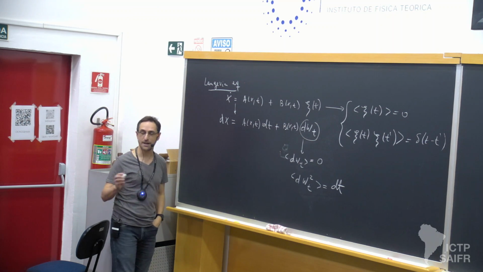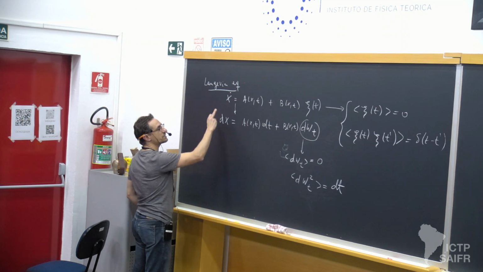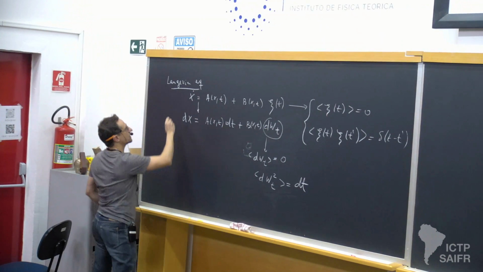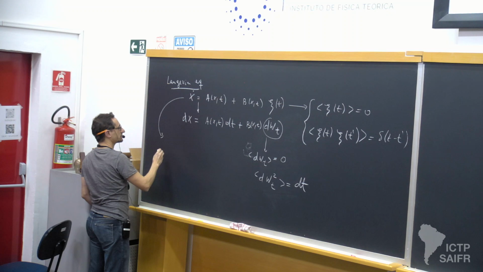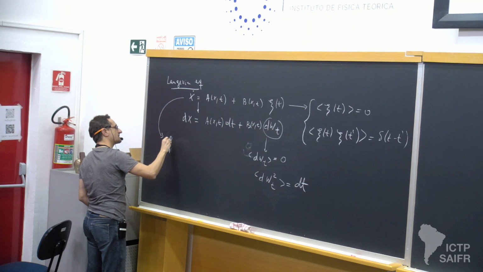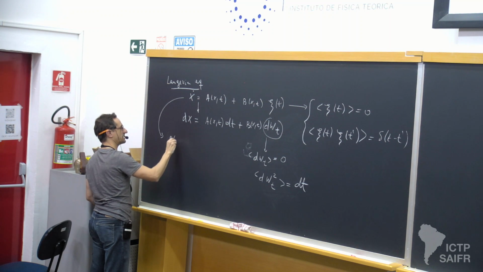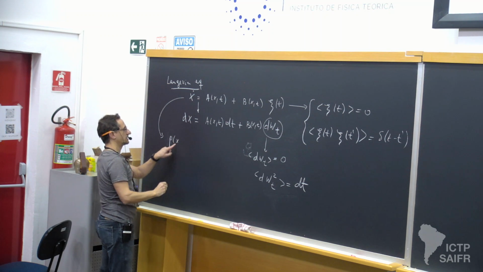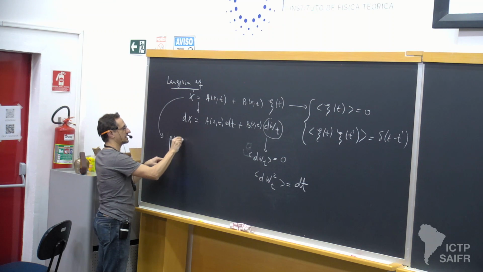The demonstration I'm not writing. So assuming that you start from something like this, you will write it this way. I'm going to talk about the probability density, the probability of finding a particle in position x at time t.